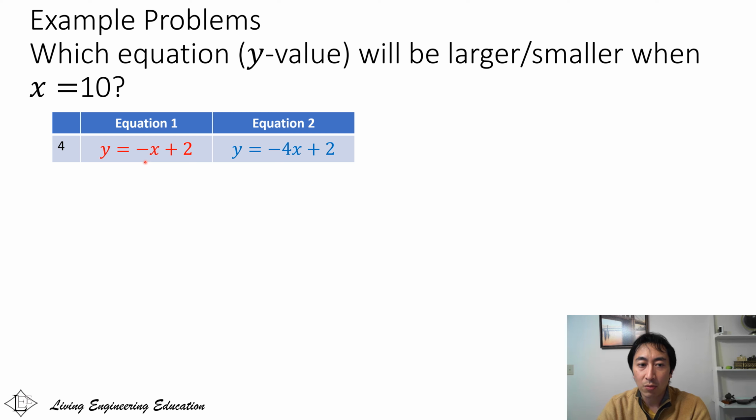So then at that point, you could just compare the slopes. So even though they're negative values, you can compare which slope is larger, and you can determine which one is going to be larger or smaller, depending on if it's before or after the intersection.